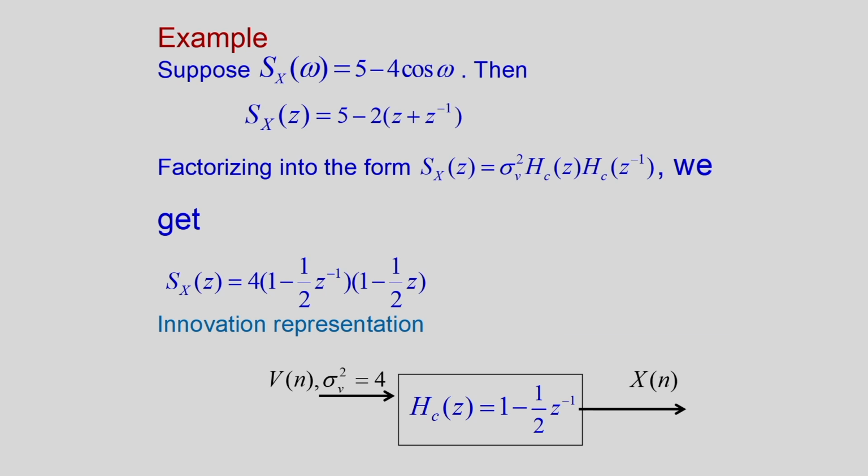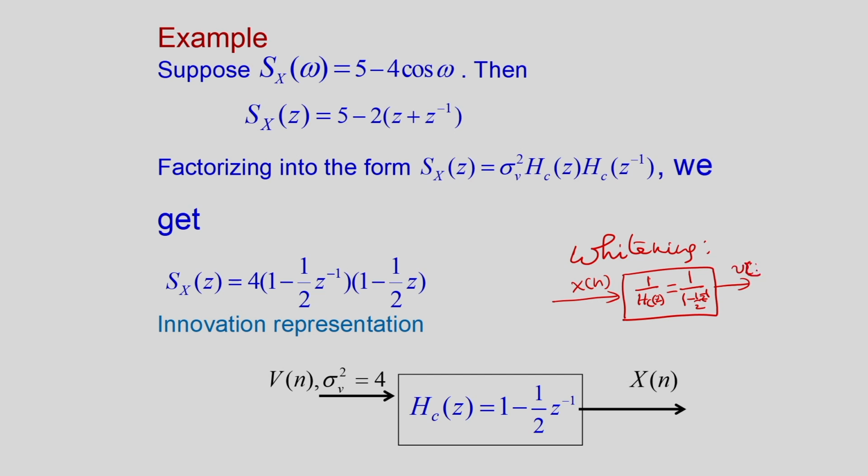How do I have the whitening? We will have Xn, and it will be passed through a filter, that is 1 by HC(z), that is equal to 1 by 1 minus half of z inverse, and then we will get Vn.